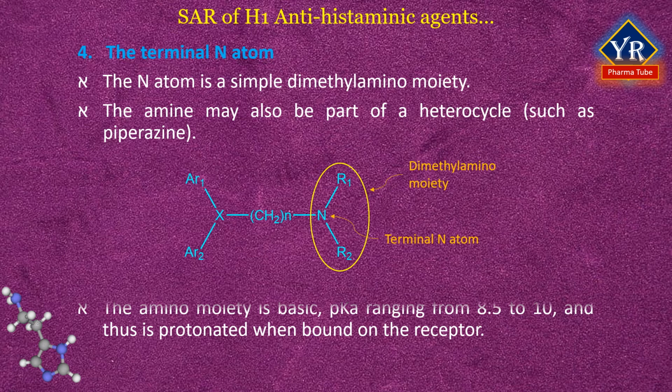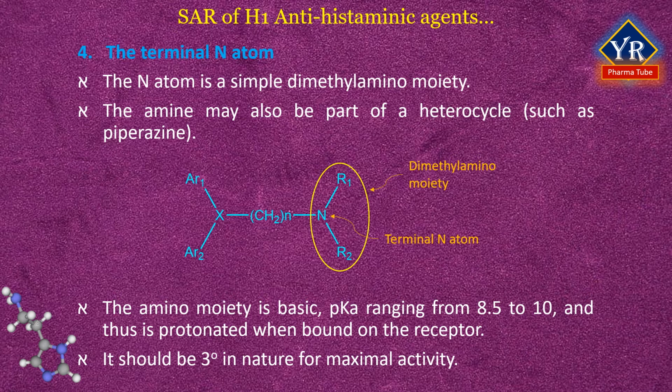In all cases, the amino moiety is basic, with a pKa ranging from 8.5 to 10, and thus is protonated when bound to the receptor. The amine moiety is also important in the development of stable solid dosage forms through salt formation.